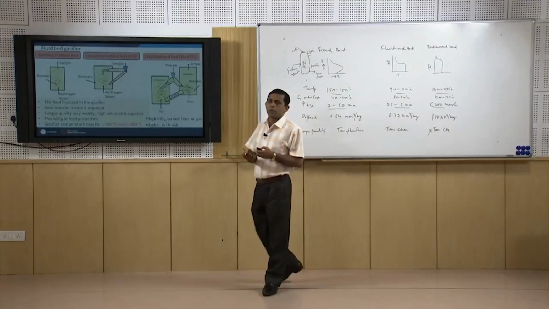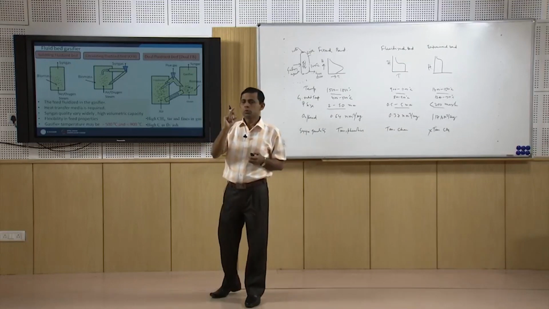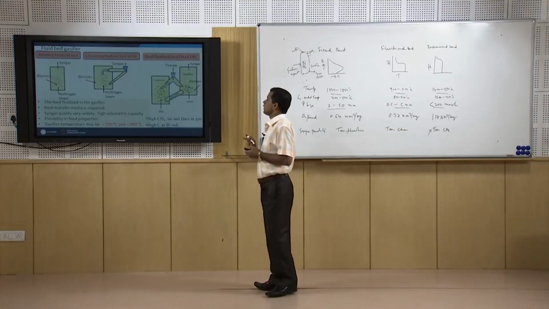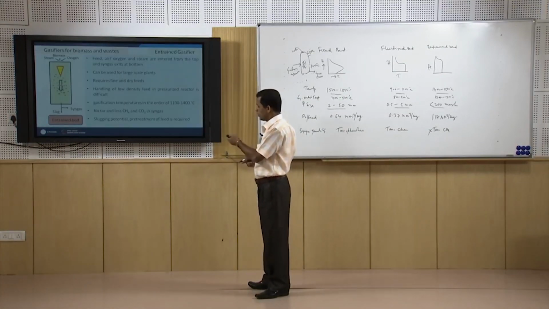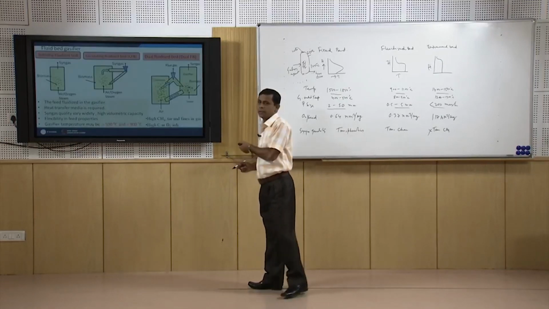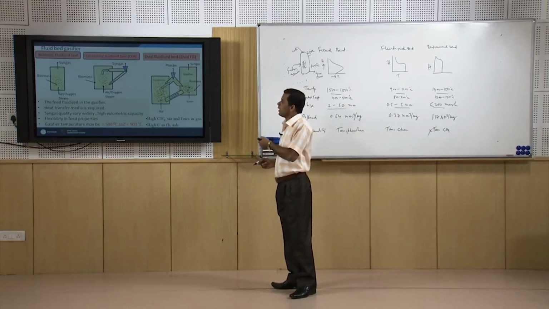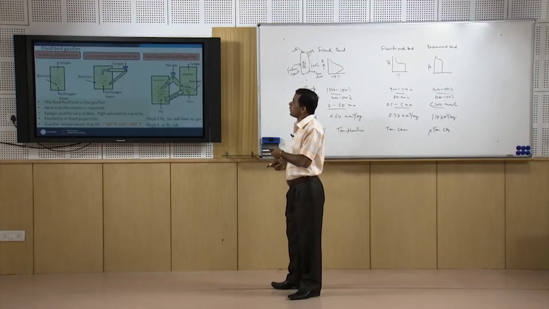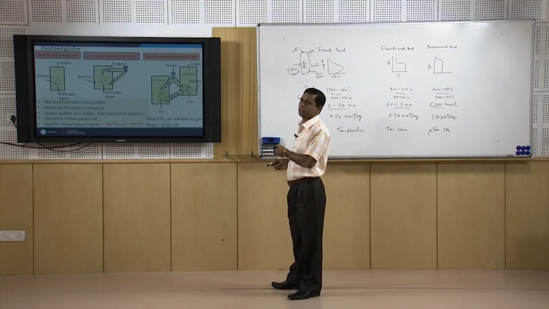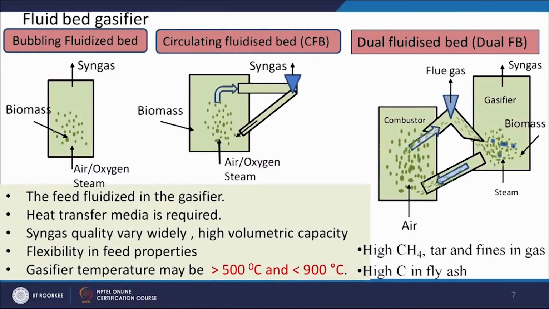Depending upon the velocity of the gasifying agent, we can get basically two types of fluidized bed gasifier: one is the bubbling fluidized bed and another is the circulating fluidized bed. The main difference is that the gasifying agent's velocity is higher in the circulating fluidized bed, and the unconverted materials are recycled to the gasifier.